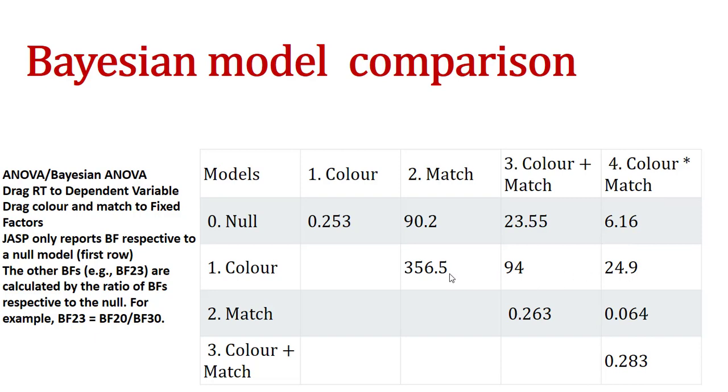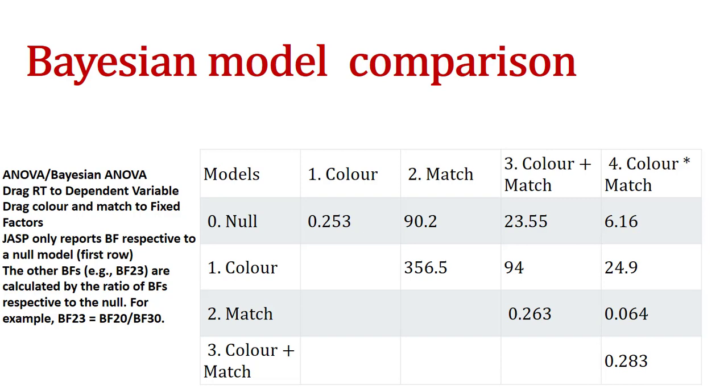Now, what this is telling us is that color is not a good variable to predict reaction time, because if we do 1 divided by 0.253, it gives us around 4. So the null model is 4 times more likely than the color model.